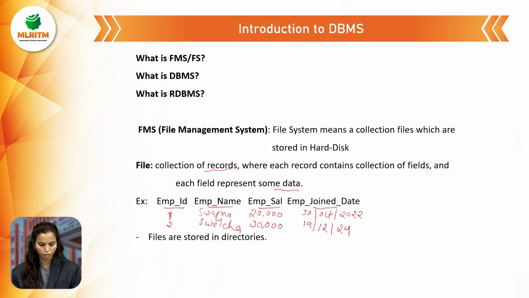So this file contains 4 fields, that is employee ID, employee name, employee salary and employee join date, and these are the records.